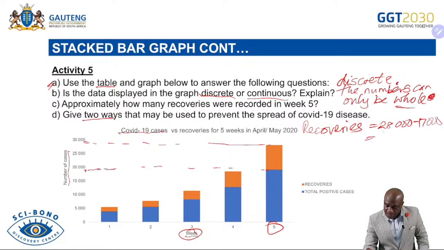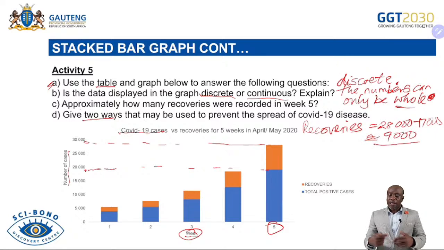And then the difference is actually about 9,000. Remember what we said, this is now an estimation. The actual values we do not know, because we have represented our data using graphs, and we are using a scale. So our graph loses the original raw numbers. Now, approximately how many cases, we have answered that question.